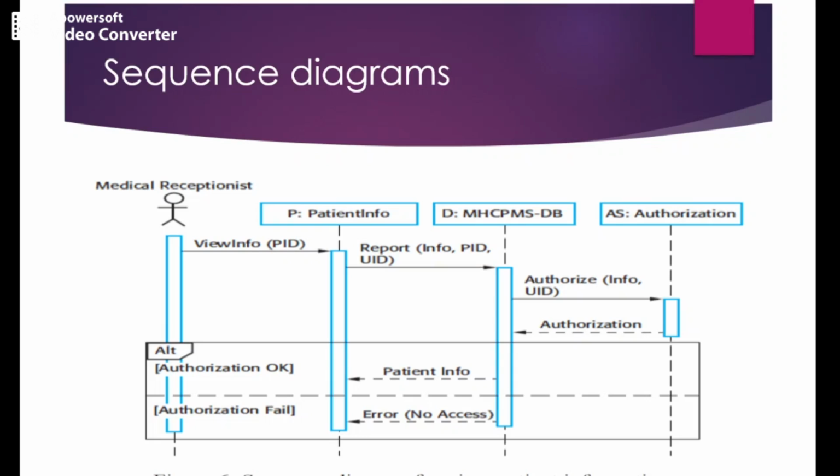Because all those data are very confidential. So there is a higher security in this case. Once the DB checks the medical receptionist ID and verifies it, then only it will send the report. So there is security being maintained here.